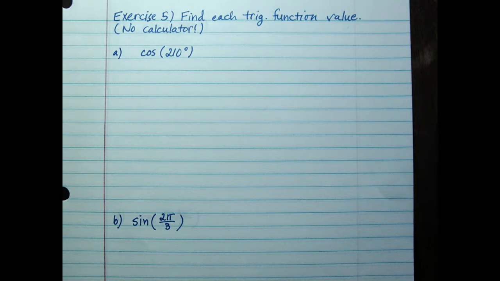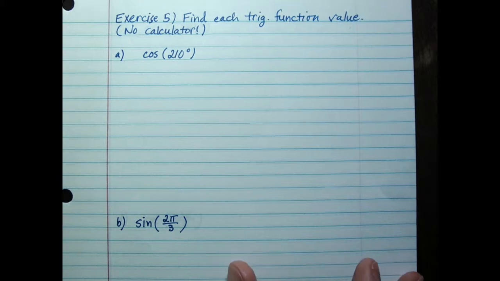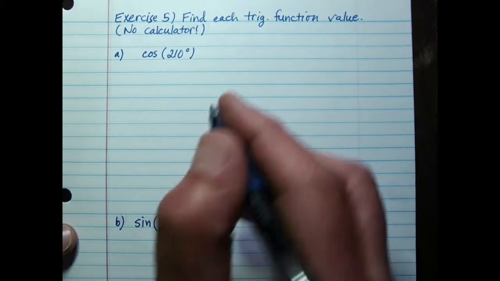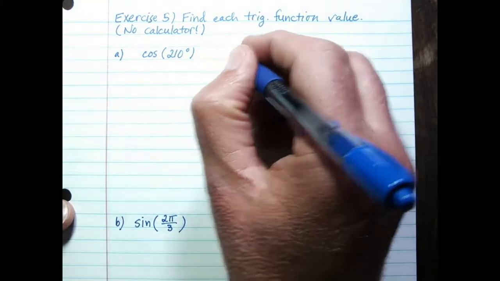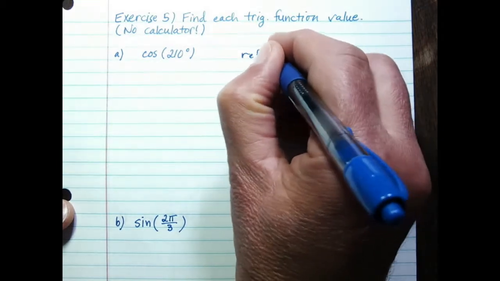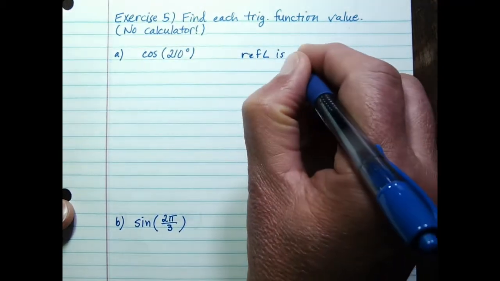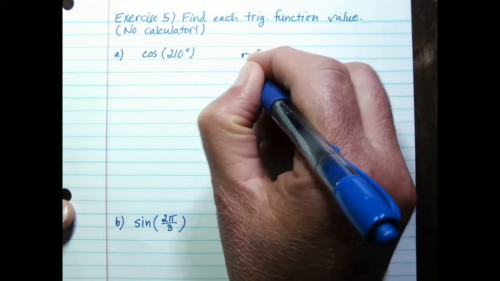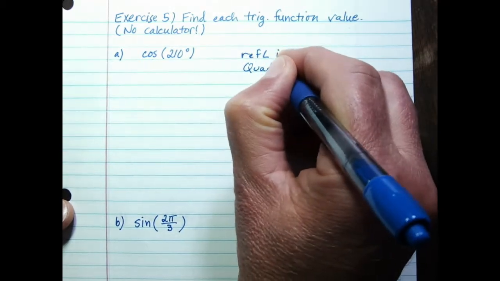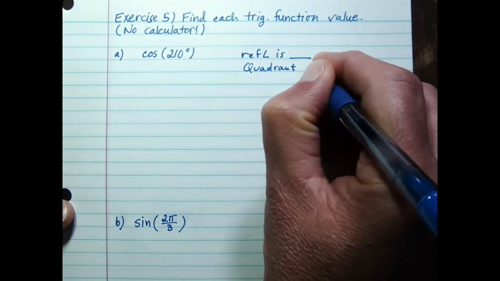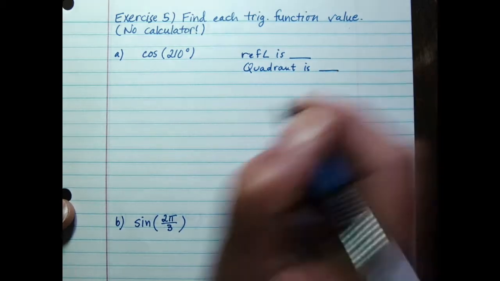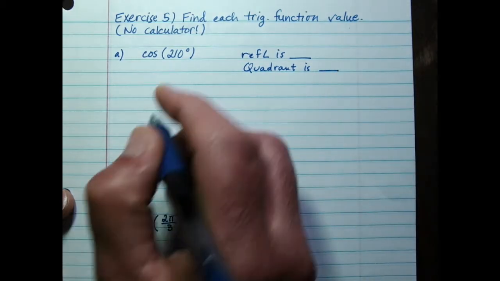So when we do these no calculator by hand kind of problems, we want to get used to determining two things. We need to know the reference angle, so I'm going to have to fill that in, and we have to determine which quadrant we're in for the given angle.